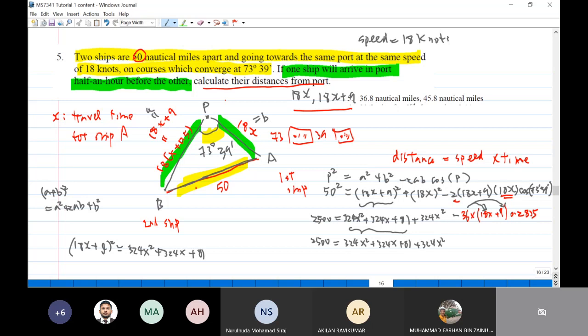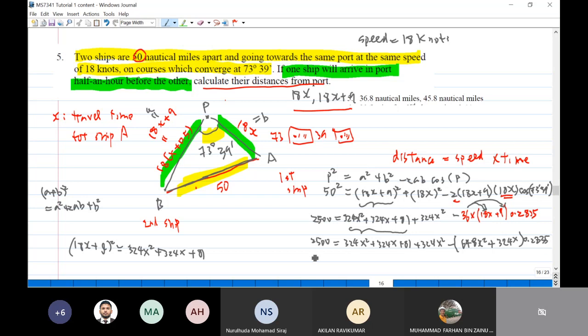So 36 times 18, you get 648 here. So you get minus 648x squared minus 36 times 9, 324x here, then all together multiply by 0.2835.